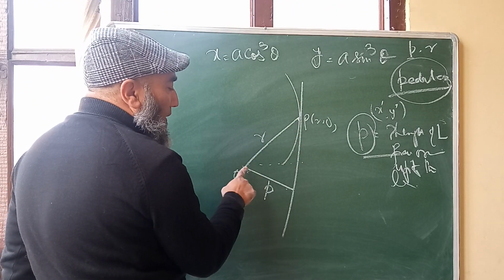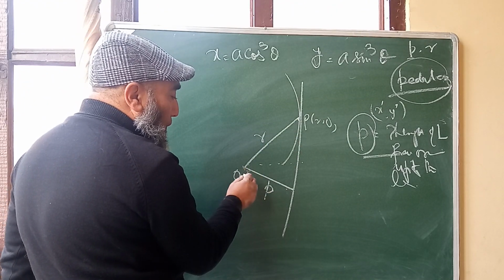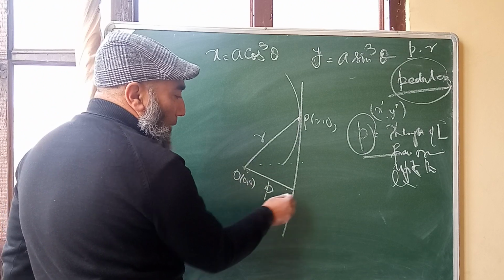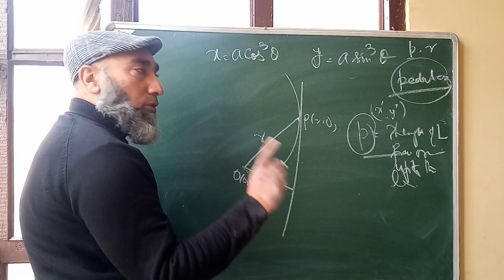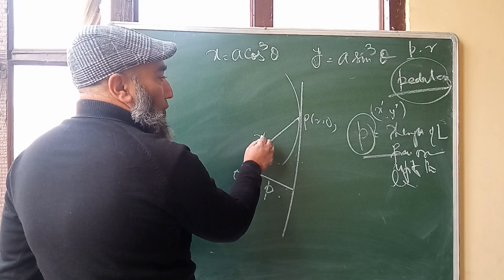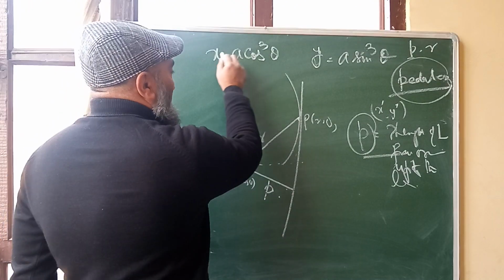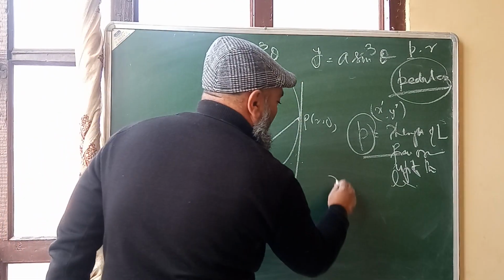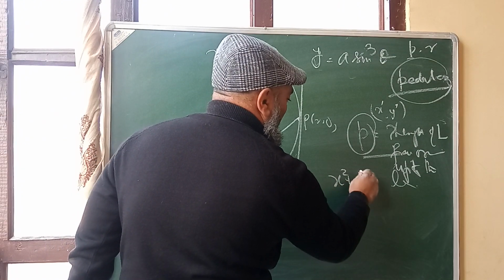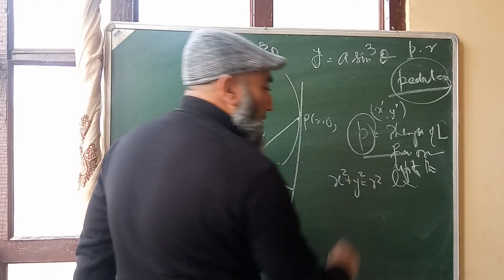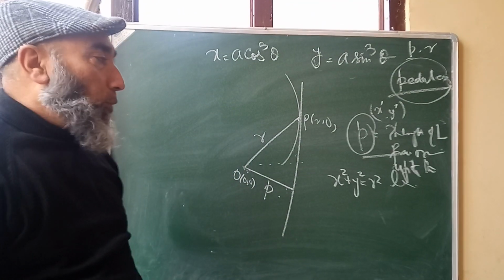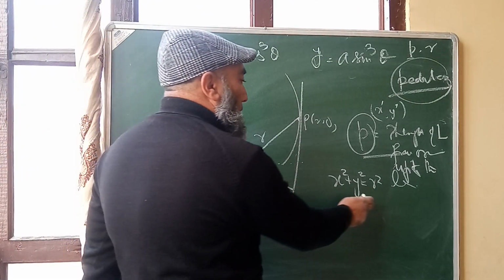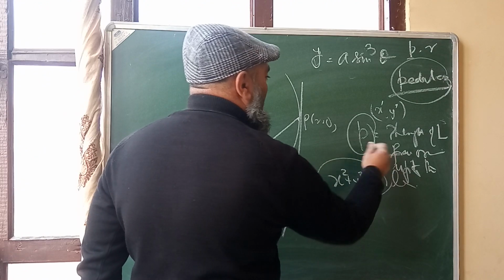Length of P is the length of the perpendicular from the pole 0, 0 upon the tangent. You know the equation, this has been done in your 12th class, and you know R. For R, since this is in terms of x and y, I know x square plus y square is equal to r square, when x is r cos theta, y is r sin theta. Conversion of Cartesian into polar, I have x square plus y square equal to r square.